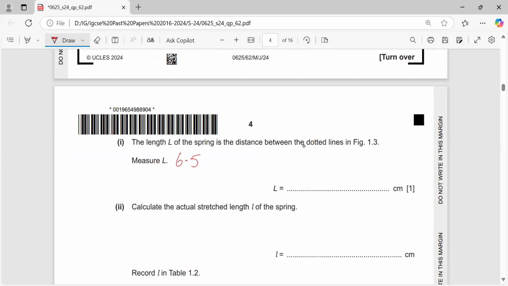Wait. Why am I not convinced with this answer? Because the screen is zoomed in, so not the exact answer. Yes, it should be 5.6. So instead of this, I'm writing 5.6 centimeters. Calculate the actual stretch length of the spring.